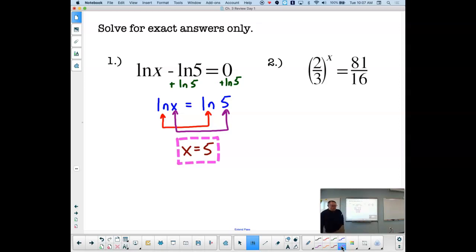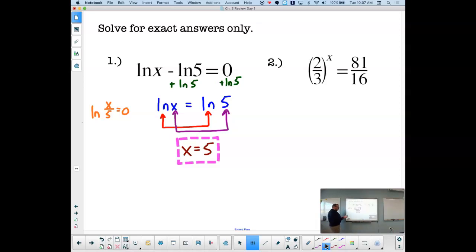The other way of going about thinking it is, well, you could utilize your logarithmic properties, and since we're subtracting with the same base here, we could make that be x over 5 equals 0. So the natural log of x over 5 equals 0.